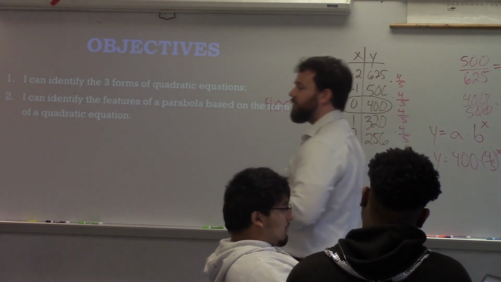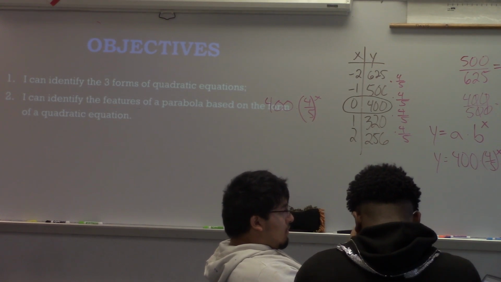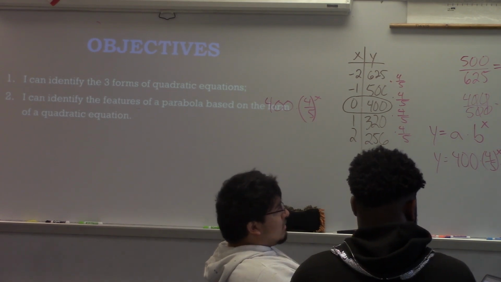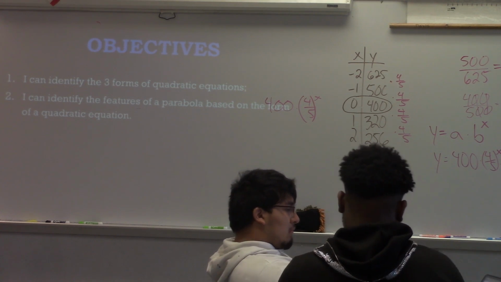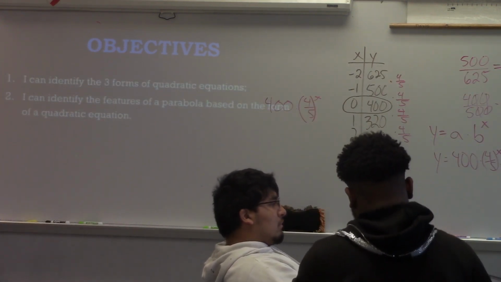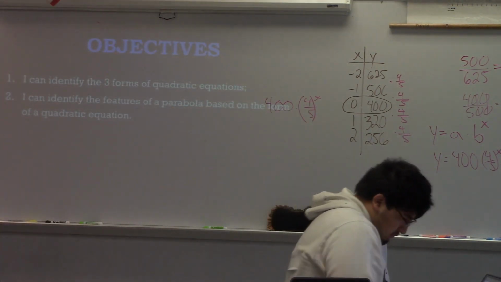If you look at the sheet from yesterday, it's on there. Slope intercept and point are for linear. Factored is one. So vertex, standard, and factored form are the 3 forms we're looking at.